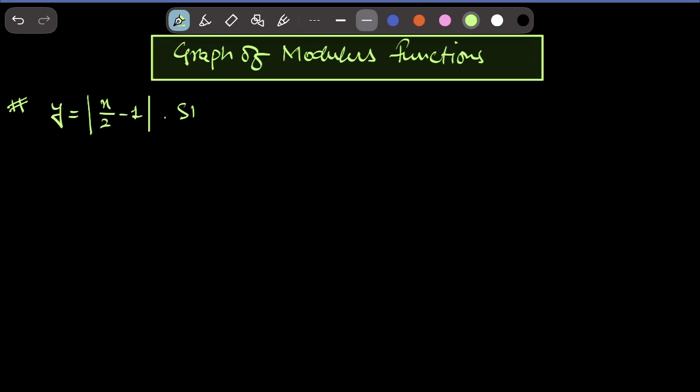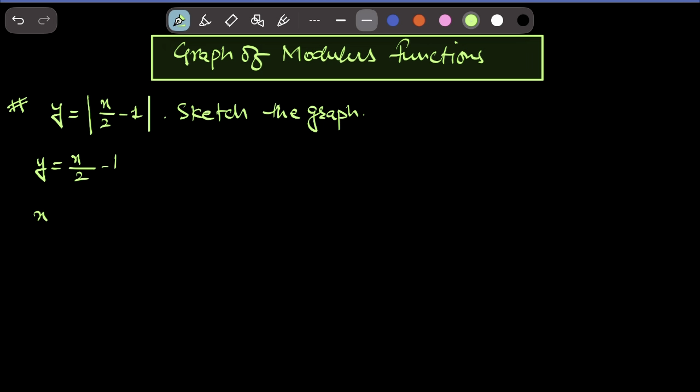So the question is to sketch the graph of this modulus function. First step is to remove the modulus. So it is x over 2 minus 1, and now I'm going to plot the graph for y equals x over 2 minus 1.